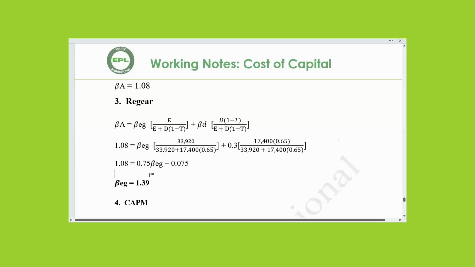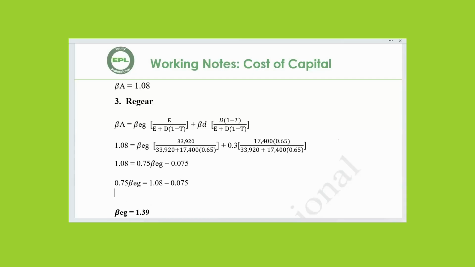This one will then be equal to 0.75 beta G equal to 1.08 minus 0.075.